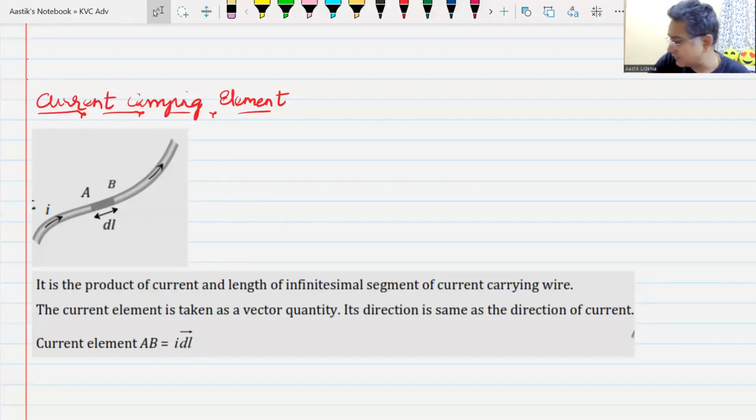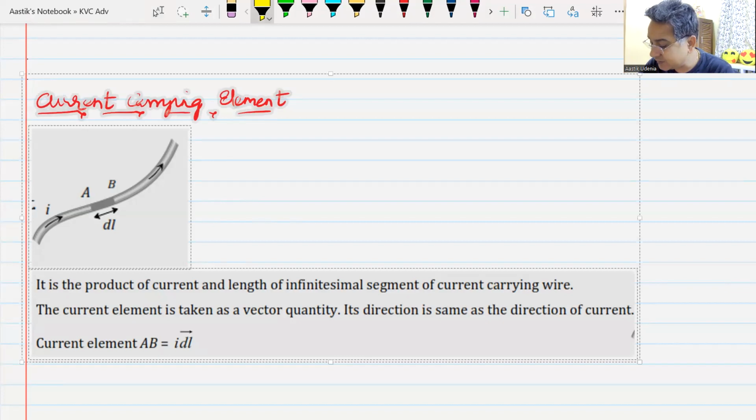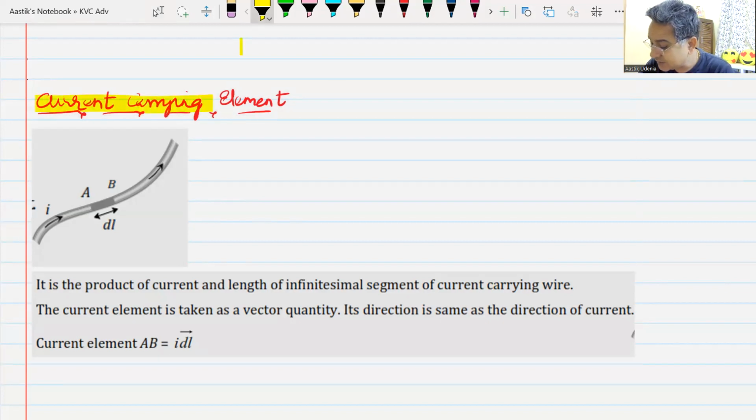And we come to this factor, and this term is going to come many times in the beginning, which is the current carrying element. What is a current carrying element? A current carrying element is nothing but a small length of the wire which carries a current. You can see this small length of the wire dl carries a current, and the direction of current is like this.